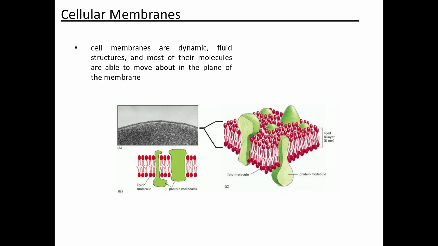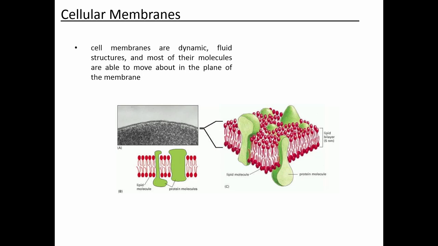One of the things you should realize about cell membranes is that they are fluid structures, and most of the molecules that make up the membrane are actually moving about within the membrane. We talked about phospholipid molecules forming a phospholipid bilayer. The individual phospholipids that make up that bilayer are not held in place; they're moving around within the plane of the membrane.